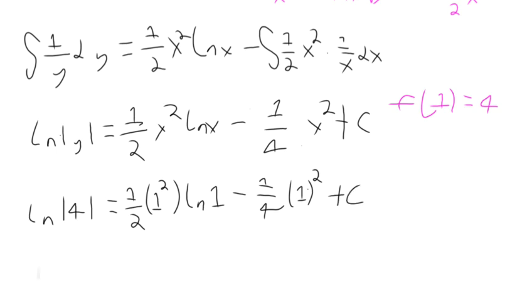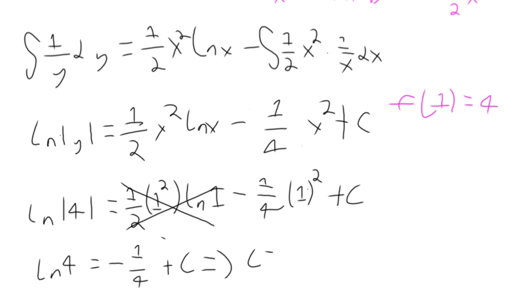And let's see, I have natural log of 4 equals, this is 0 because natural log of 1 is 0, equals negative 1/4 plus c. Therefore, c equals 1/4 plus the natural log of 4.